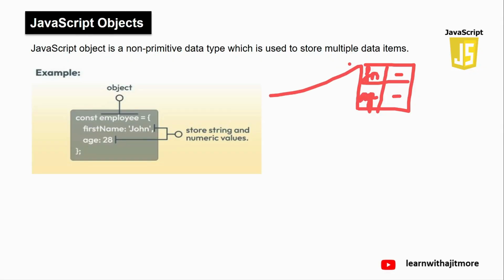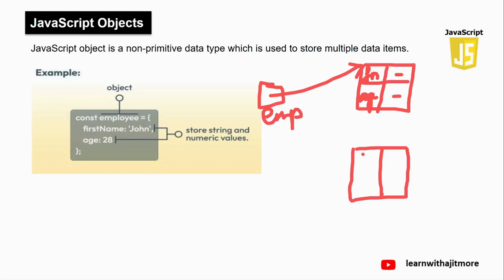And the reference of that is kept in the variable employee. But suppose you try to create another object with a different set of key and value, and you try to store the reference of that new object in emp. Get it? It won't work.